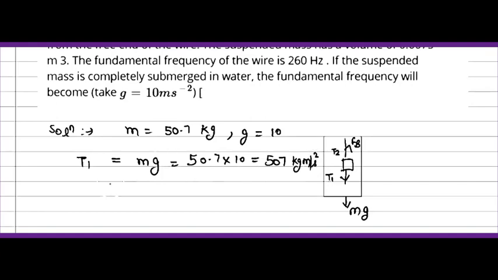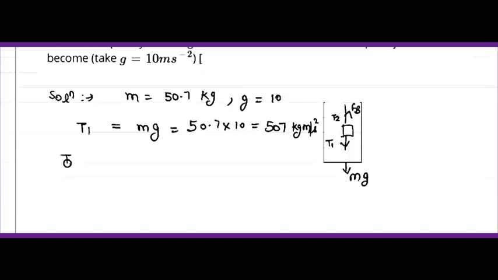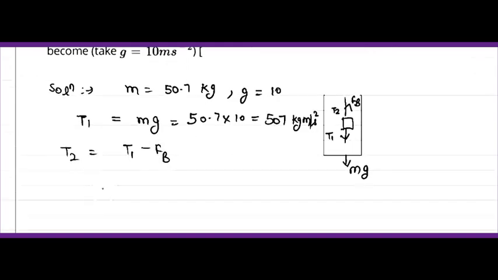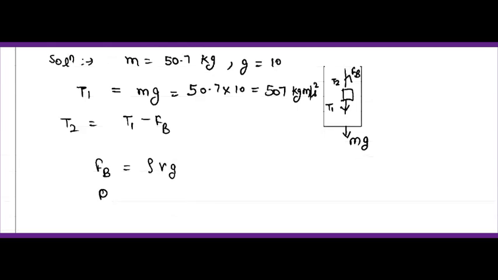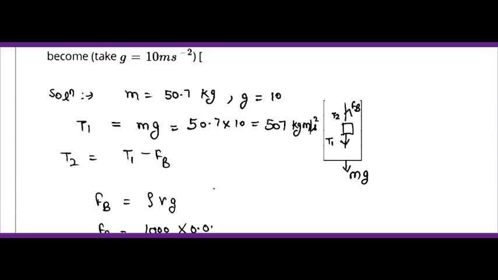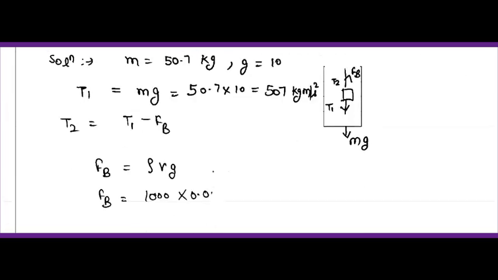Tension 2 is T1 minus FB. FB equals rho of water, that is density of water, times volume times g. The density of water is 1000, the volume given is 0.0075, and g is 10.